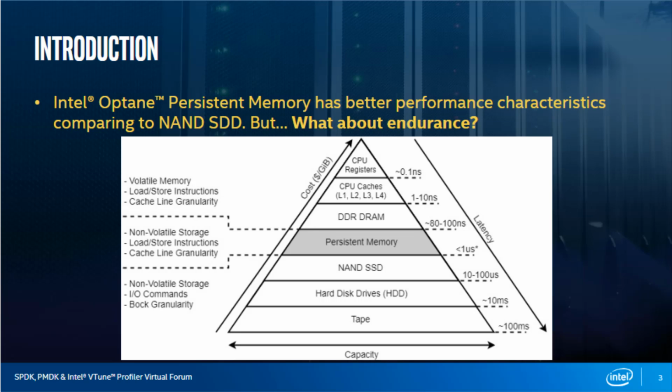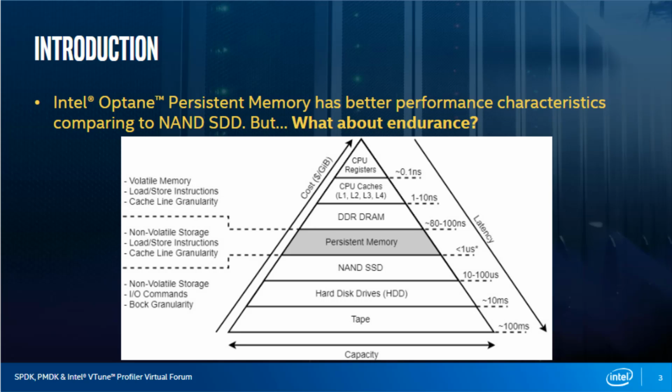And comparing to SSD, we also do a comparison from the perspective of performance, and we know that persistent memory is faster than SSDs. It has significantly better latencies. But today I'm going to discuss the advantages of persistent memory from the endurance point of view. And you'll see how persistent memory can help in your setup, in your applications.